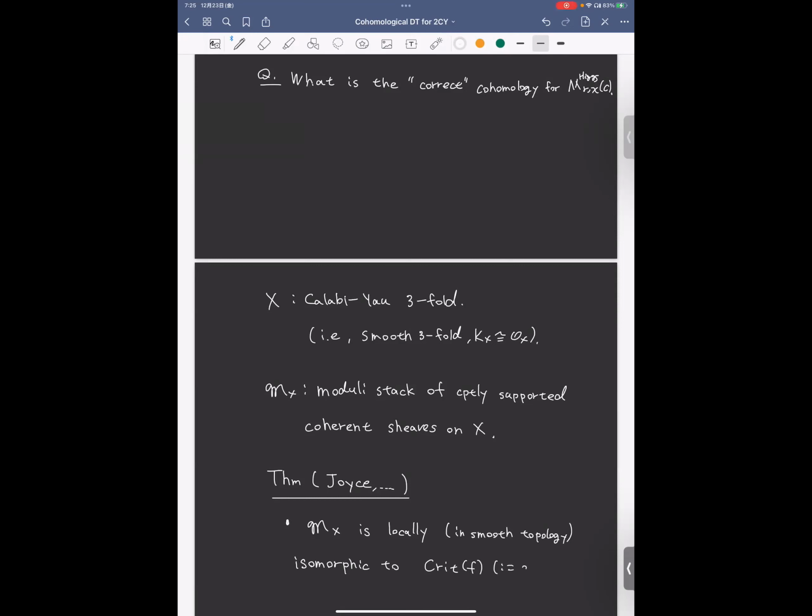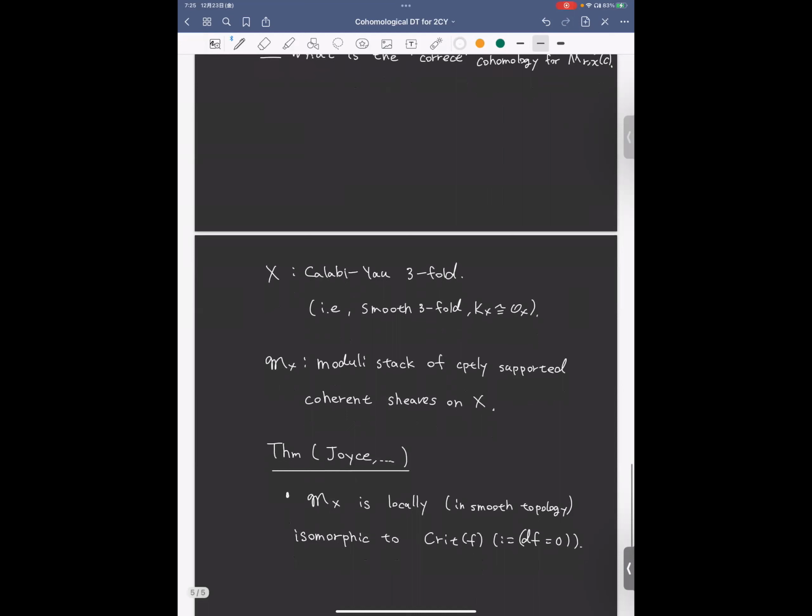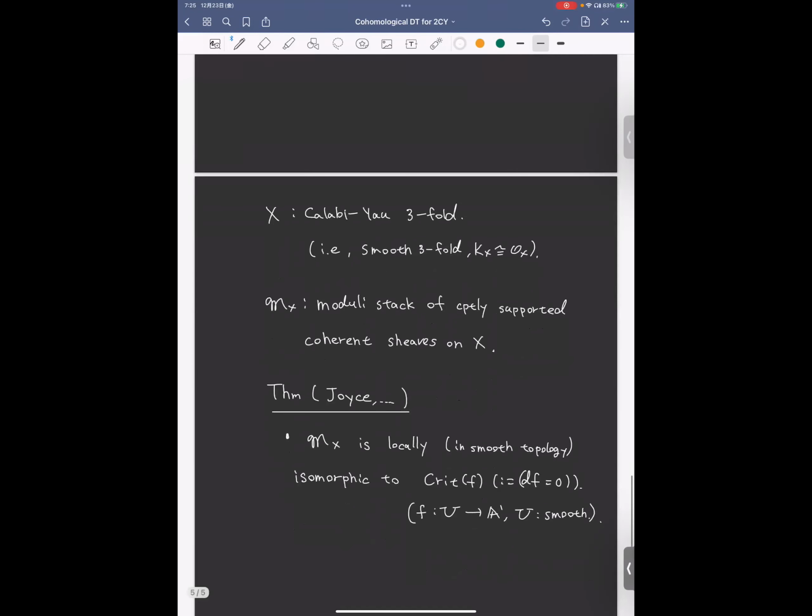Here, the critical locus is defined to be the locus where the differential of f is vanishing. And here, f is a function on a certain smooth space.